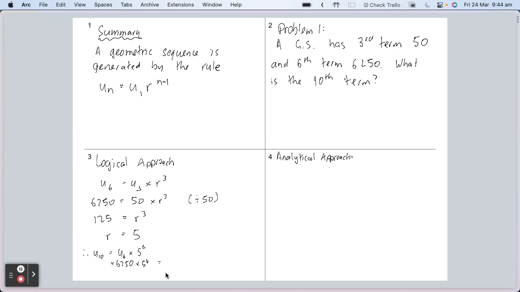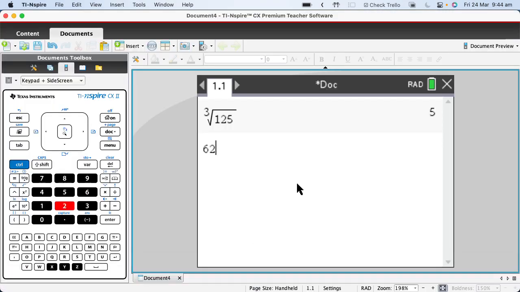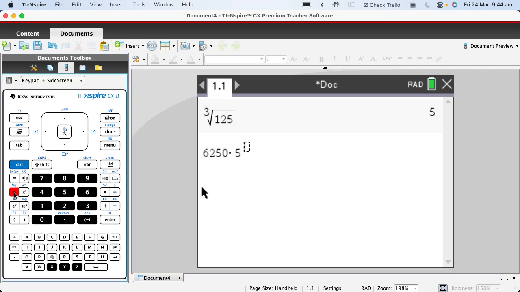So again, on my calculator, I can go 6250 multiplied by 5 to the power of 4, press enter, and I get 3,906,250. Done. What do you think?